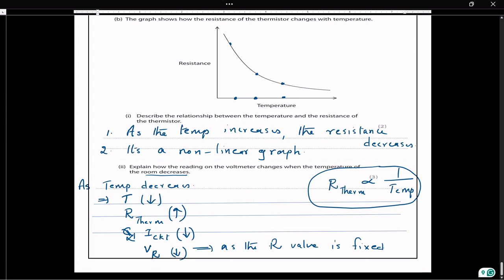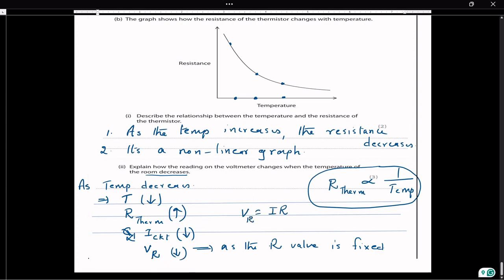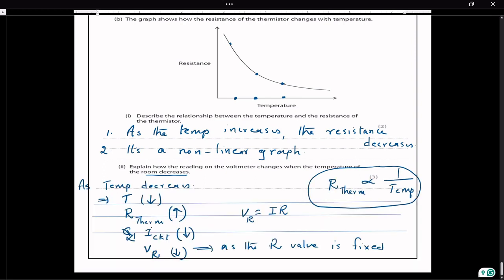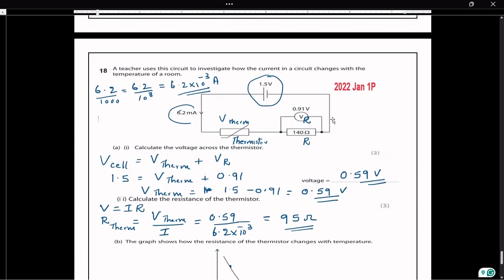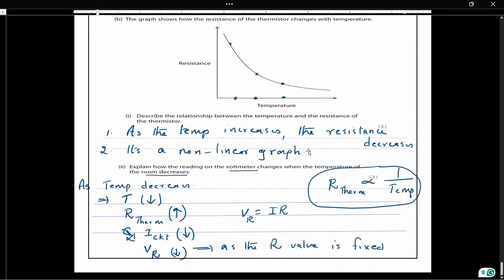It means we know that V is I times R, that is the voltage drop across the resistor, because they are asking how the reading on the voltmeter changes. See, the voltmeter is connected across the fixed resistor R. So the voltage across the fixed resistor is the product of current and its resistance value.